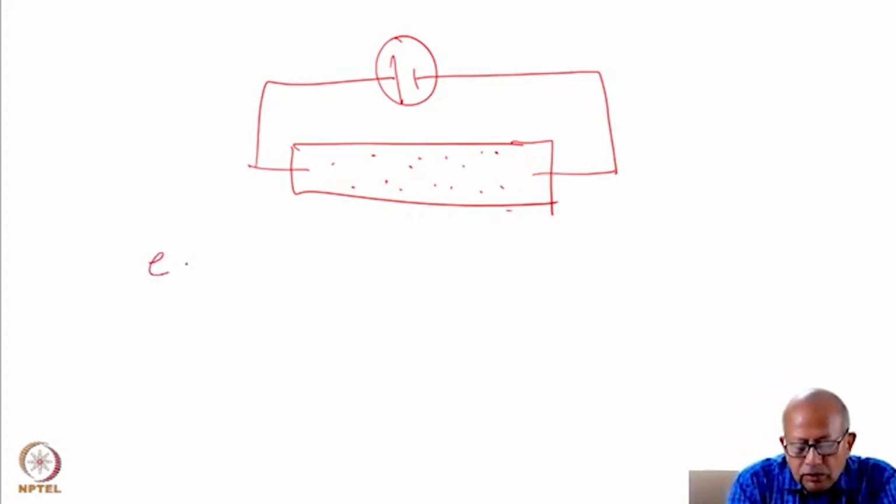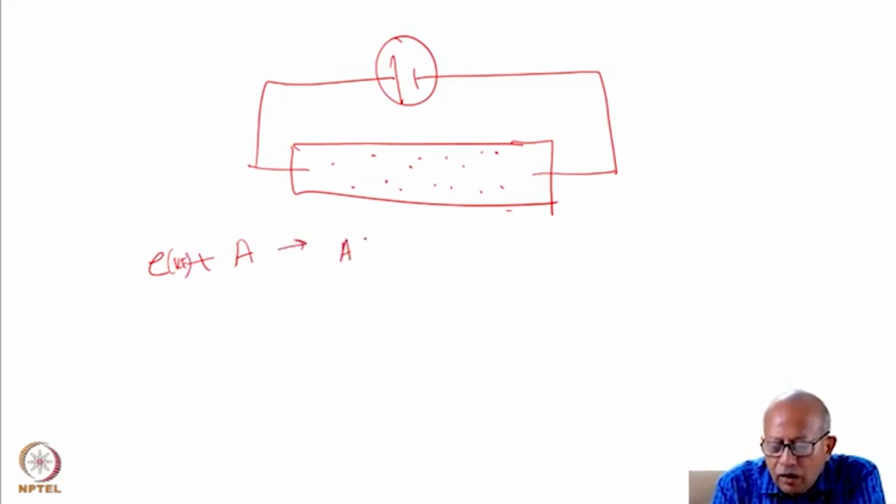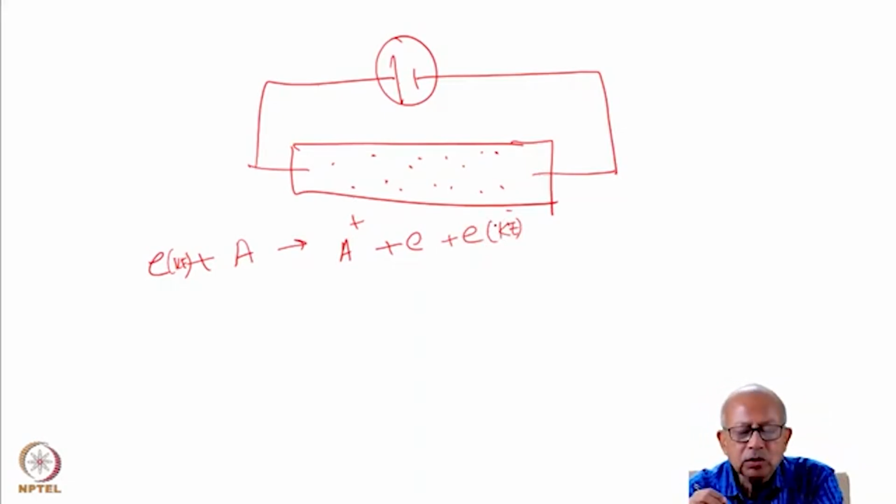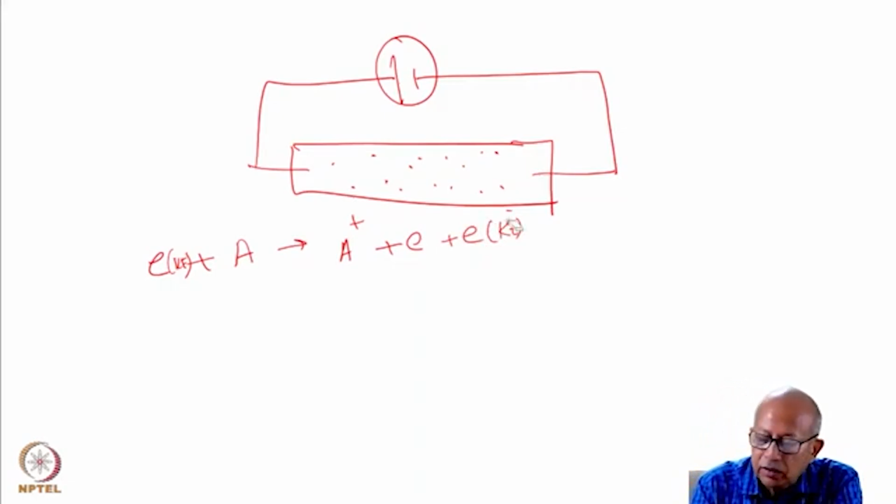In such collisions, the electron collides with a neutral atom after having acquired kinetic energy, and if the electron has enough kinetic energy, it can actually ionize the atom and create an additional electron. This electron will then move with reduced kinetic energy, because some of the kinetic energy of the electron has been used up in ionizing the atom.